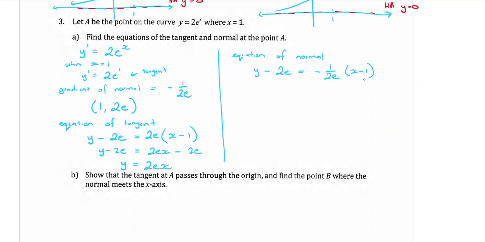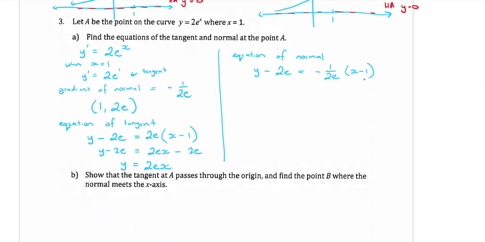Now, unless the question specifies, you do have options here as to whether you are going to try and get the y by itself, which means you've got some yucky fractions in here, but you just want to move that across the other side, or go to general form and get rid of all the fractions. Let's do general form, because we did this one and that one. Let's do this the other way, so we can practice getting rid of the fraction.